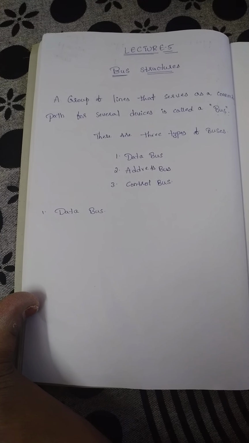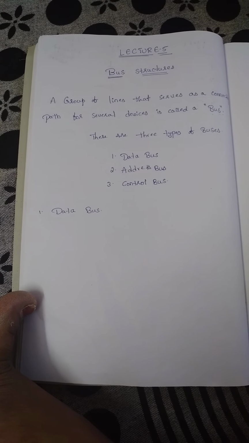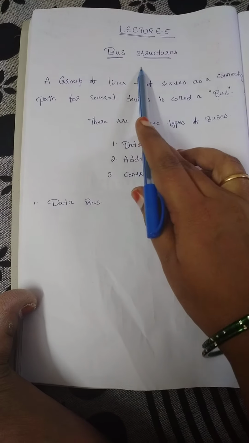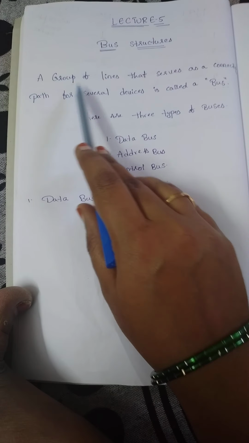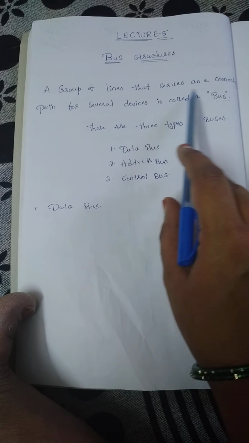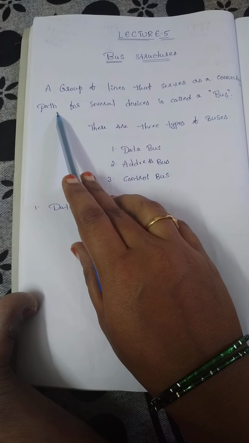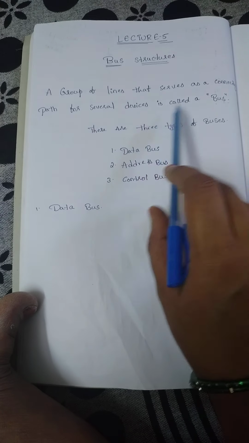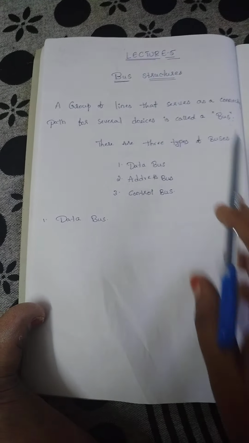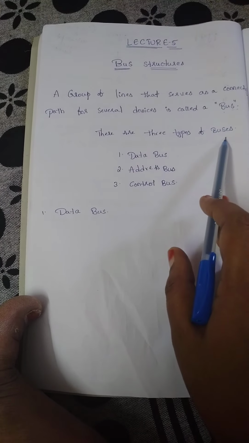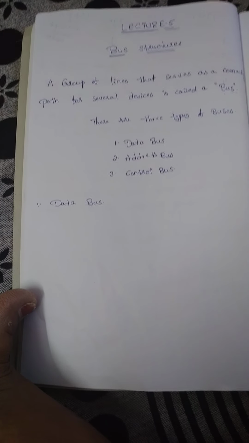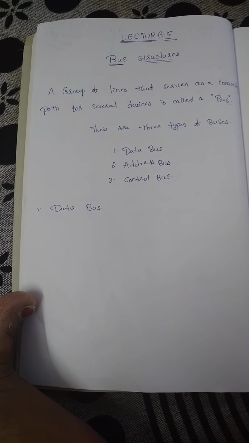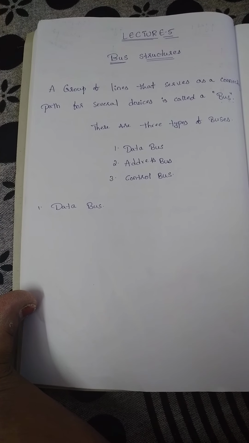These lines act as a connecting path between several devices. We have three types of buses: data bus, address bus and control bus.